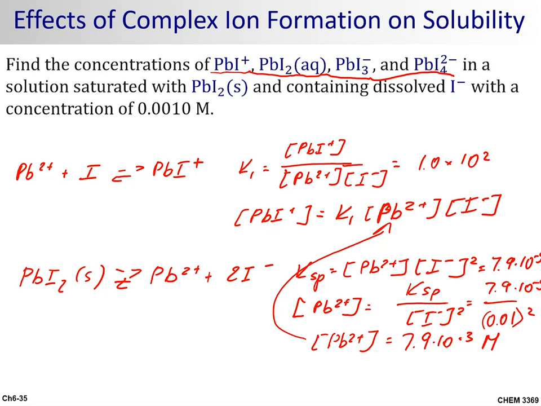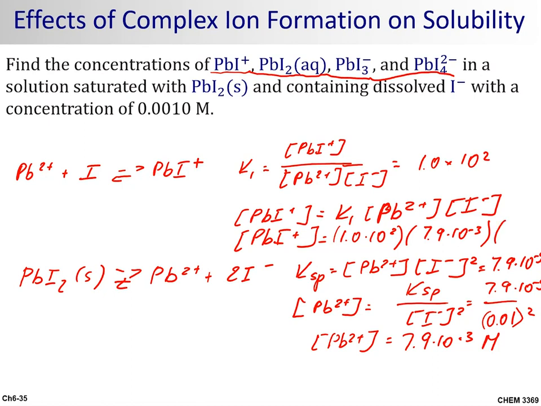So the concentration of PbI+ will be equal to K1, which is 1.0 times 10 to the second power, times the concentration of Pb2+ that we just calculated, 7.9 times 10 to the negative third, times the concentration of I minus, 0.001. Also, I have a typo here as well.